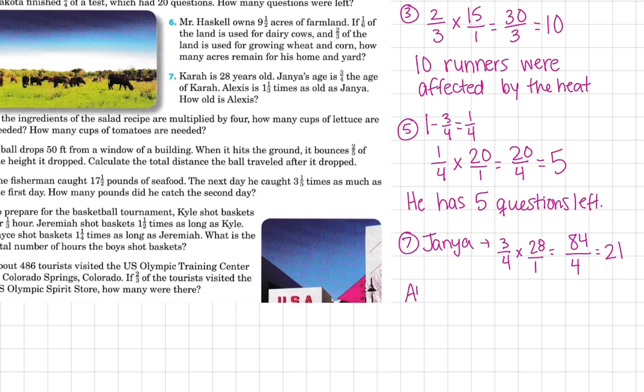Now I know Alexis is 1 1/3 times as old as Jana. So we're going to times by 21. How do we solve a mixed number times a whole number? We have to change our 1 1/3 into an improper fraction. So we have 4/3 times 21 over 1. 4 times 21 is 84. 84 divided by 3 equals 28.